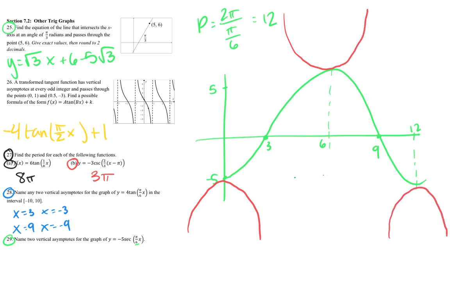Our asymptotes for our secant function are going to be these lines right here. So we know that our asymptotes are going to be at x equals 3 and x equals 9.